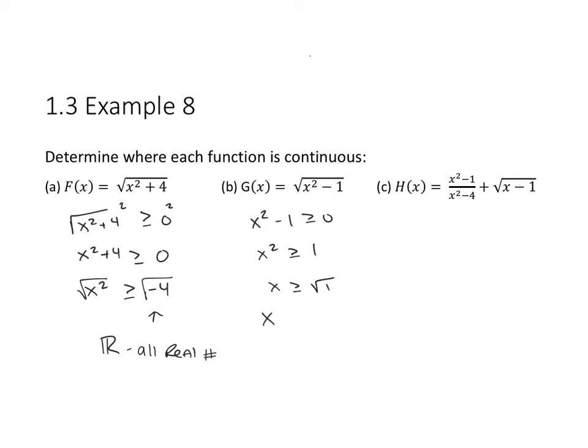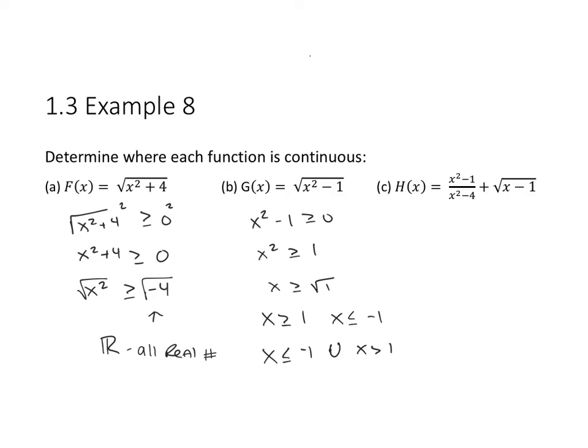So x is greater than or equal to the positive 1, and x is less than or equal to -1. That's the domain of this function, and that is also where it's continuous. I'm going to write it a little bit neater. So x is less than or equal to -1, or union, x is greater than or equal to 1.